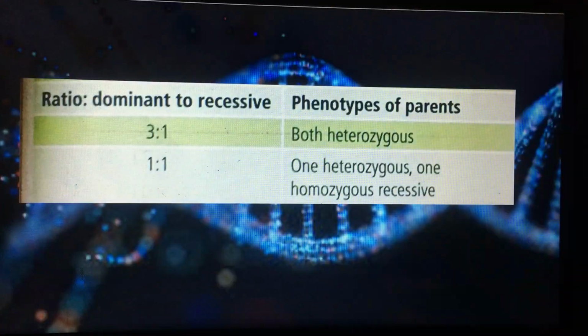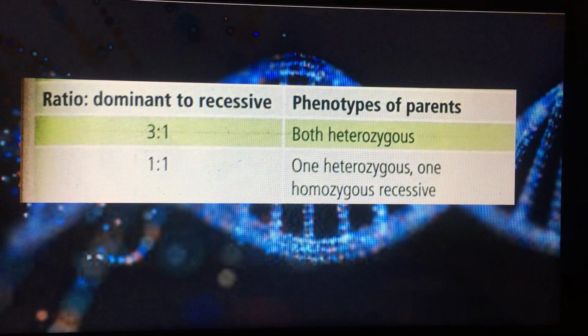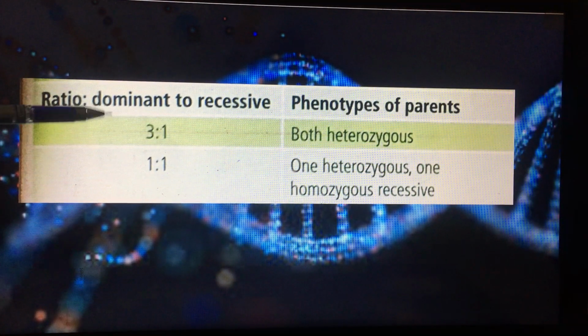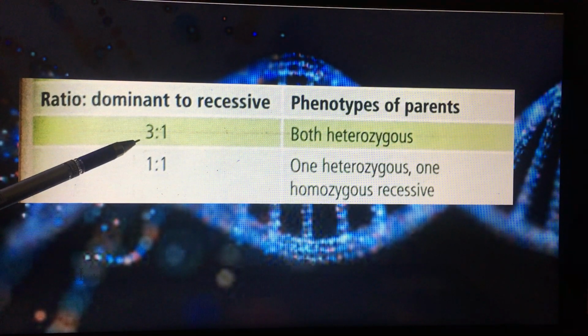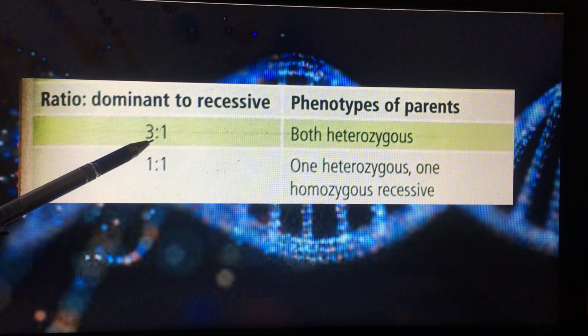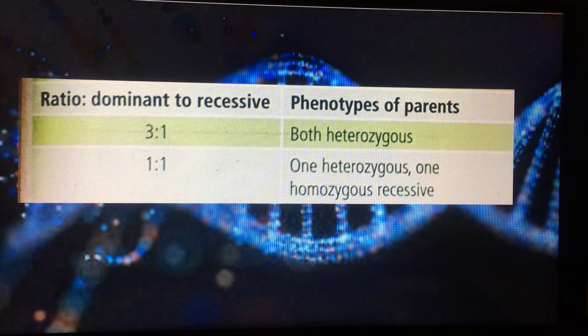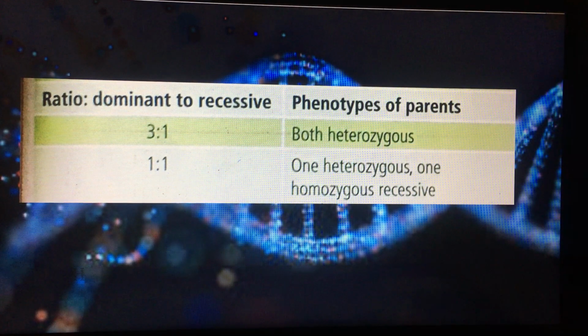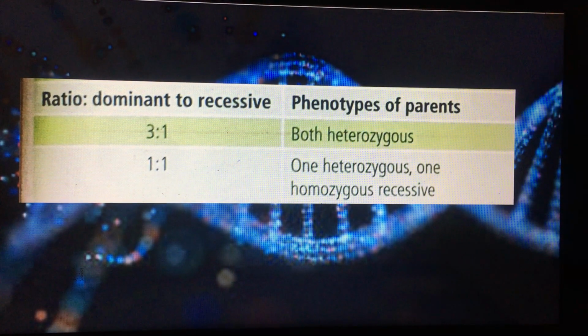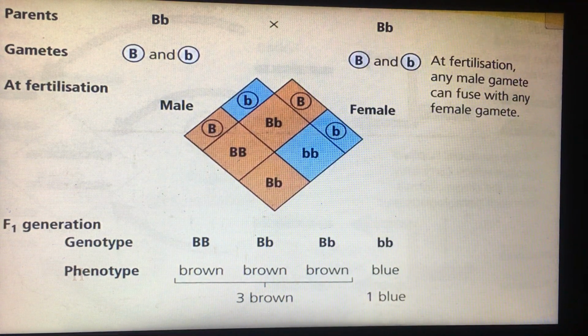Okay, now the ratio of dominant to recessive, as we said, is 3 brown-eyed to 1 blue, when we fuse 2 heterozygous gametes. So here we have 2 heterozygous gametes.